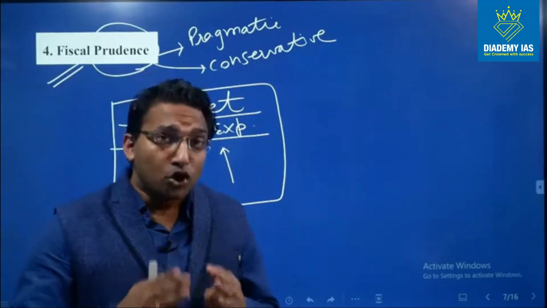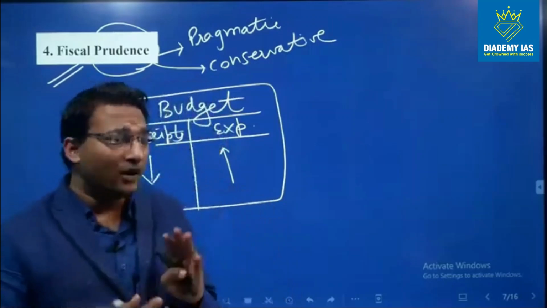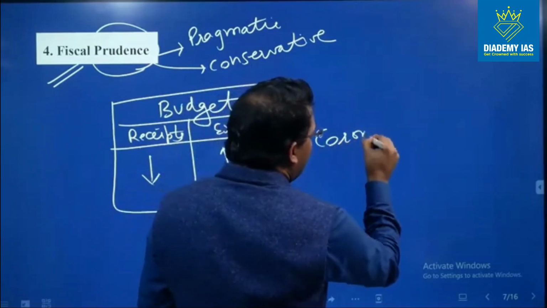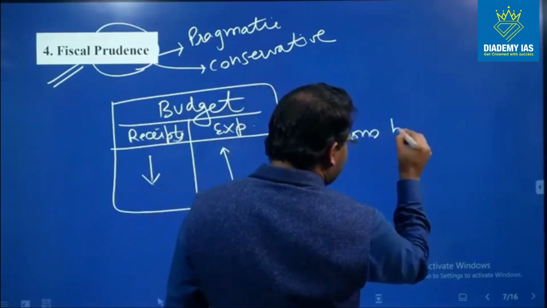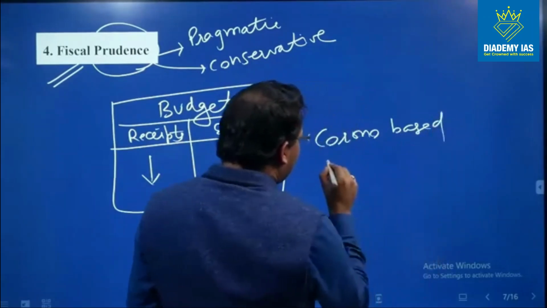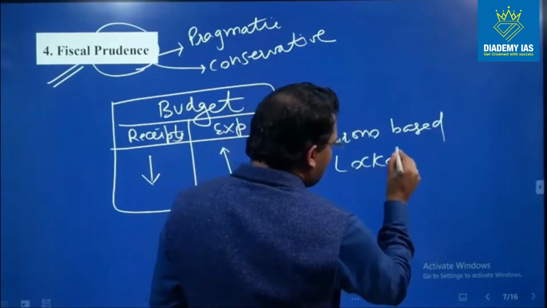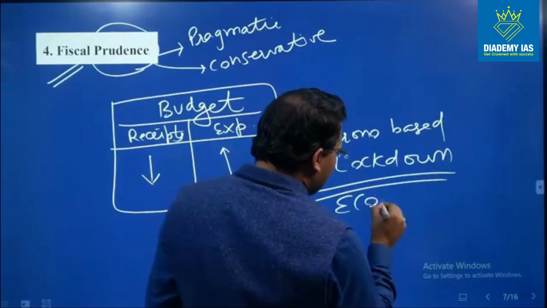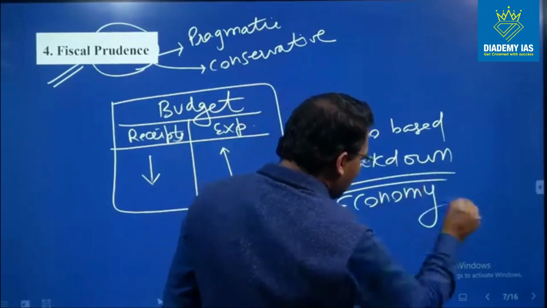And the most recent example of an unforeseen situation is this corona-based countrywide lockdown. Because of this lockdown, the entire economy has come to a shock.